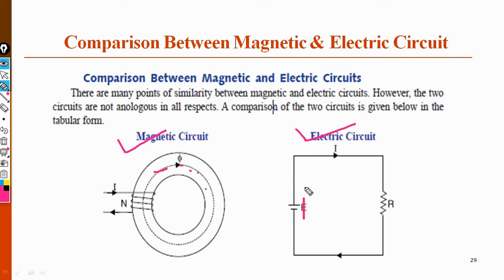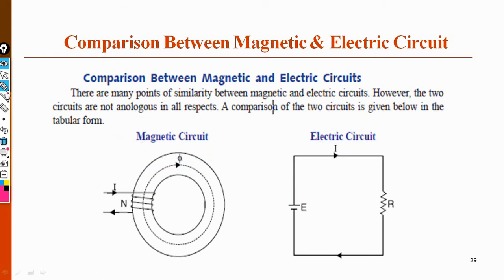In the electric circuit, electric current passes through it, so it is called an electrical circuit. That means the magnetic circuit depends on flux and the electric circuit depends on current. This is the exact difference between a magnetic circuit and an electrical circuit.